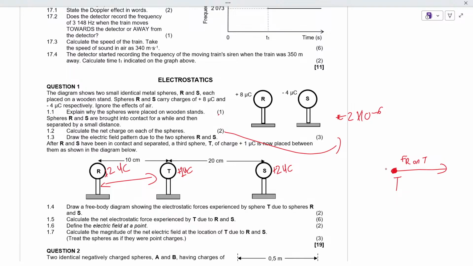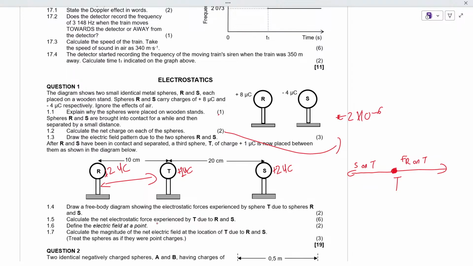And then let's talk about S. Where will S push or pull T? To the left. Rachel Rumela, are you there? Because you had said you need help with electrostatics. So it's the force of S on T. And then like this is the free body diagram.